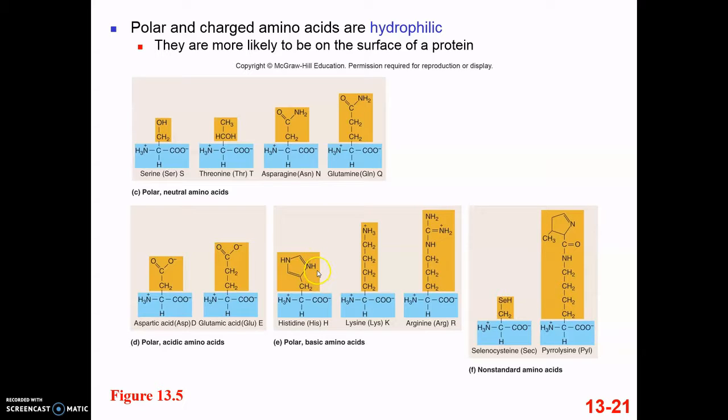These are all shown in their protonated form, so they have already gained that proton, and that gives them a net positive charge. Here we can see histidine, which has a unique ring. Here we have lysine and arginine. Histidine is additionally unique in that it can become charged and uncharged fairly easily.